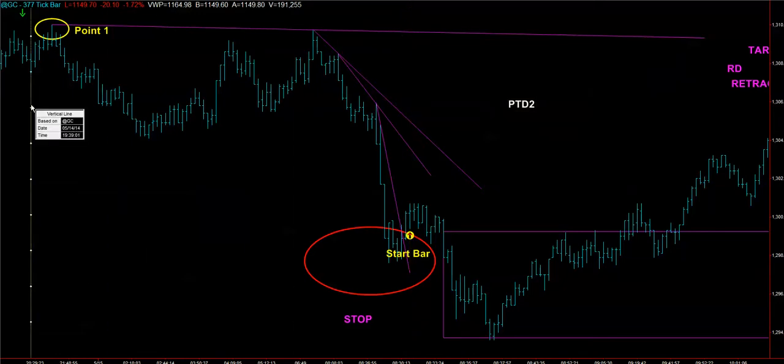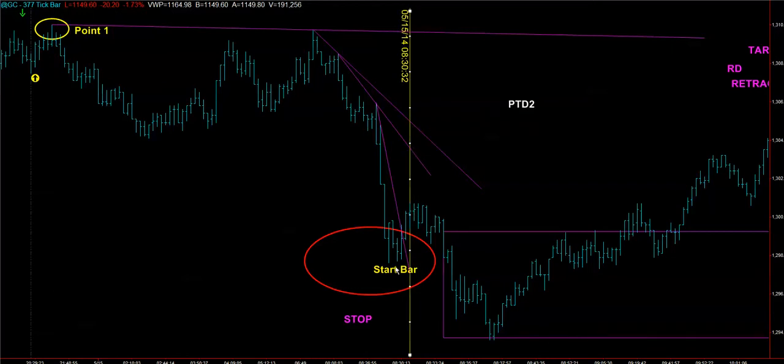The other thing that we do, as soon as we've had a trade from the first trade, the first entry point becomes the start bar for the second trade, and the second entry bar point from the second trade becomes the start bar for the third trade, and so on and so forth.